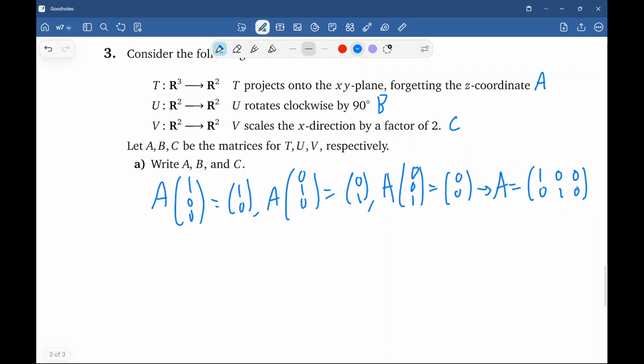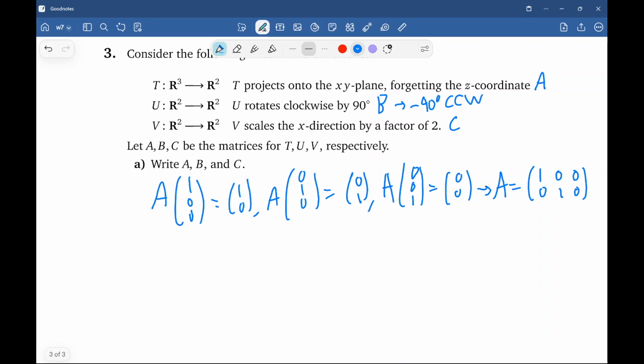Okay. B, rotation 90 degrees clockwise. That is negative 90 degrees counterclockwise. The reason I write that is because our typical rotation matrix is counterclockwise, so we need to swap the order.